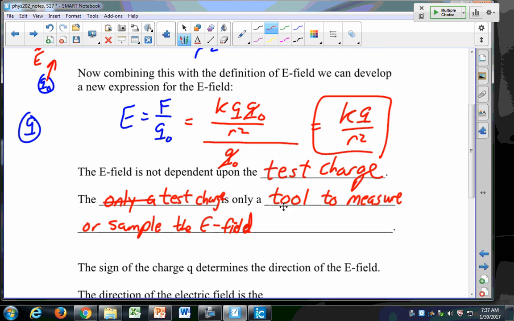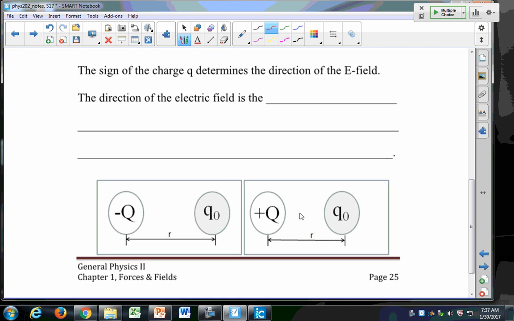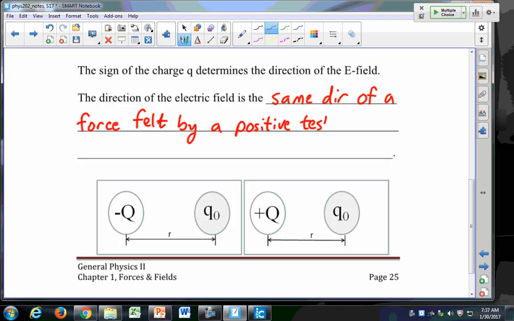The sign of the charge determines the direction of the electric field, and the direction of the electric field is the same direction as the force that the positive test charge feels. That positive test charge is that plus Q naught.